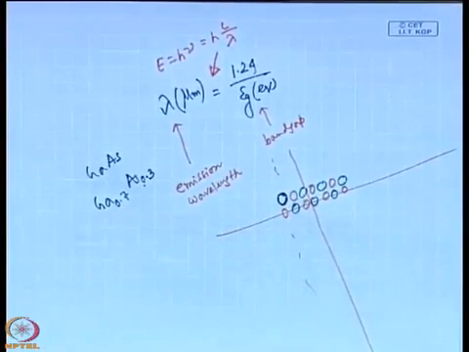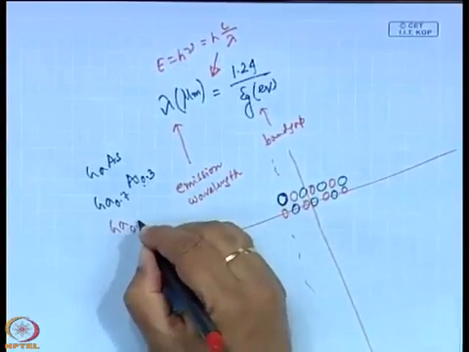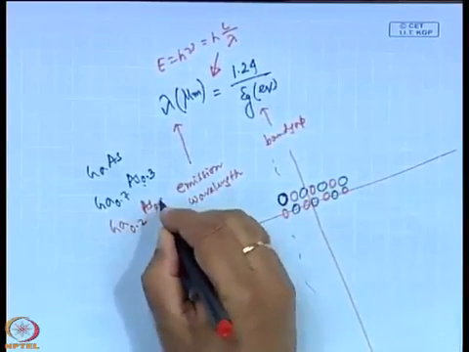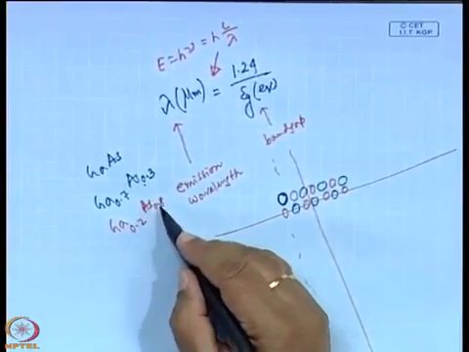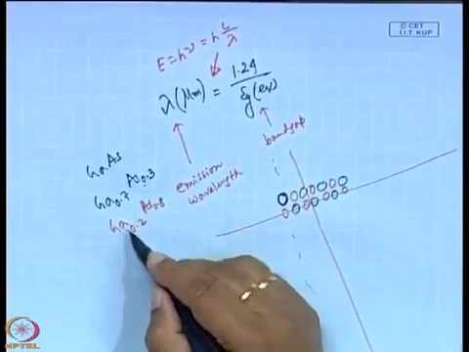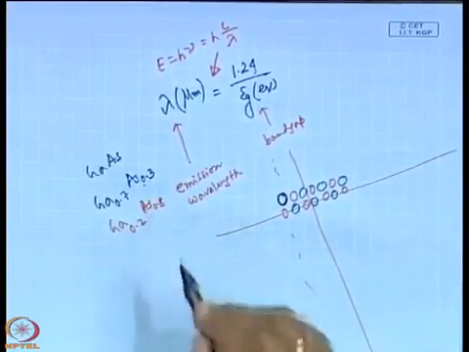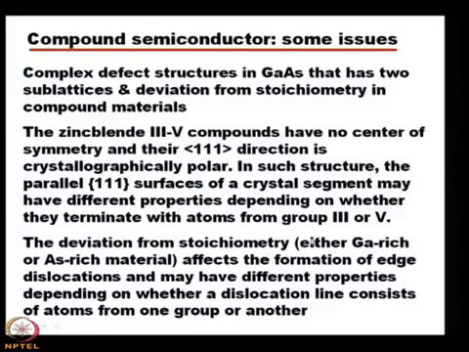In the other case, if gallium is 0.2 and arsenic is 0.8, it is also non-stoichiometry, because it is arsenic rich material, since the gallium is only 20% and arsenic is 80%. So, the deviation from stoichiometry can be either gallium rich or arsenic rich material.